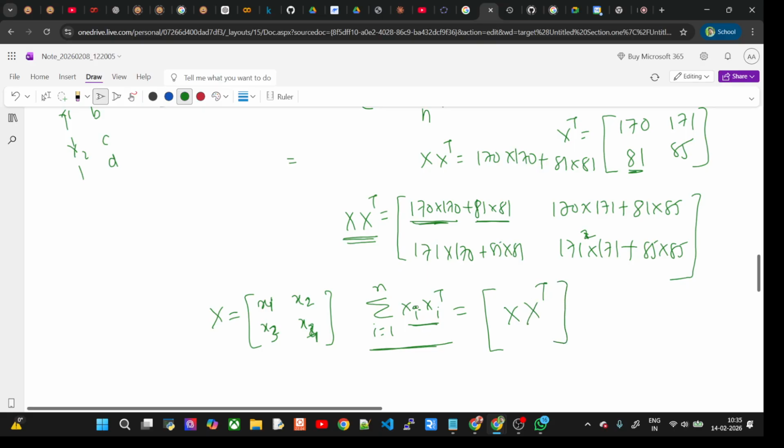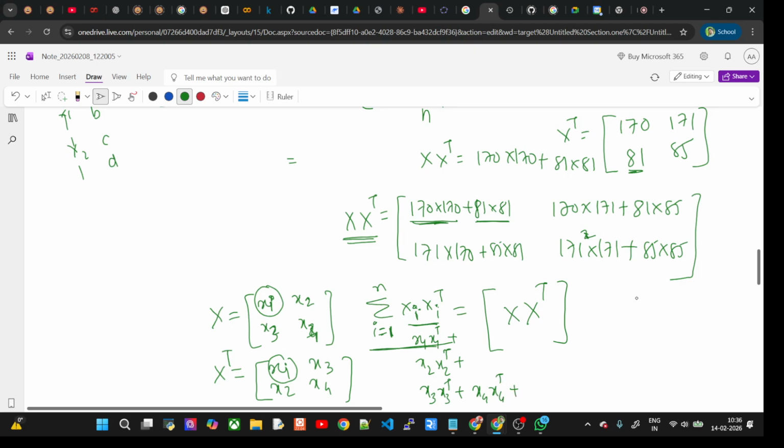For the first value, xi is x1 times x1 transpose, since i starts from 1. Next, x2 times x2 transpose, then x3 times x3 transpose, x4 times x4 transpose, and so on, plus.